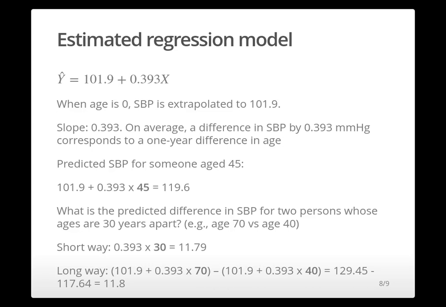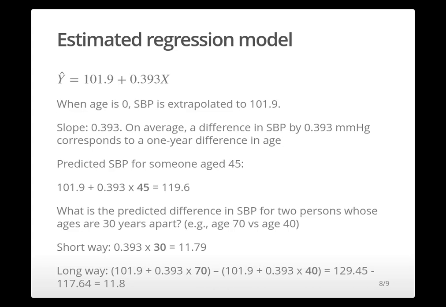What does 101.9 mean? It may look like the systolic blood pressure of newborn babies, because if x equals 0, then y equals 101.9. But the regression model was estimated using data for those aged 18 to 80. If persons aged under 18 follow the pattern observed for those aged 18 to 80, 101.9 may be considered as a predicted systolic blood pressure for age 0.